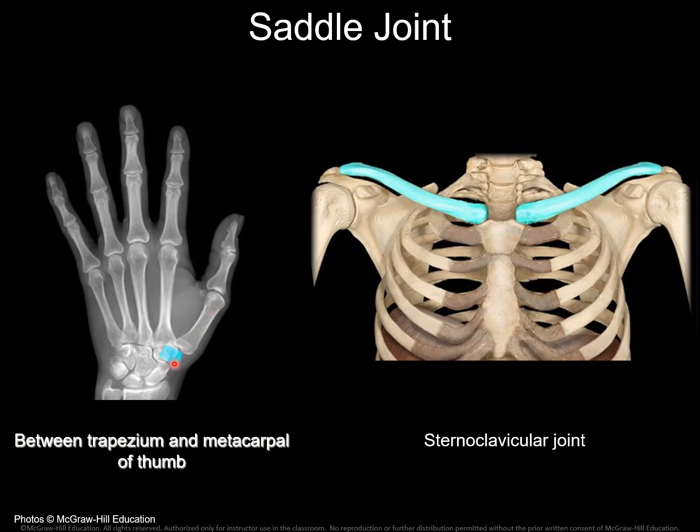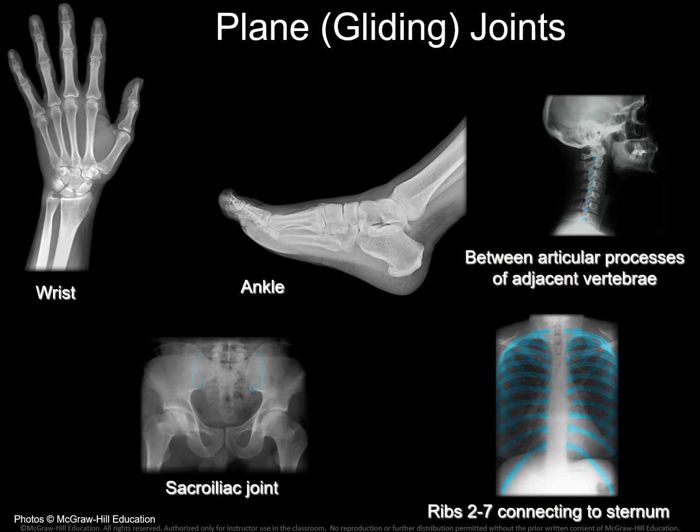Right here, that's a saddle joint. Sternoclavicular: you can see how the clavicle sits in the clavicular notch, kind of like a saddle. The sternoclavicular notch is like a saddle, and the clavicle sits right in it. So these are two examples of a saddle joint.